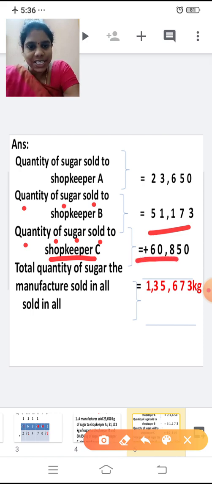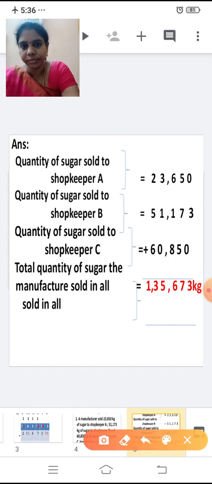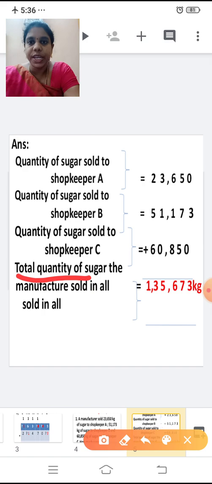60,850. So in all means total quantity, what do we have to do? Whether we have to add or subtract? Yes, we are going to add. So the total quantity of sugar the manufacturer sold in all, how will you find out?